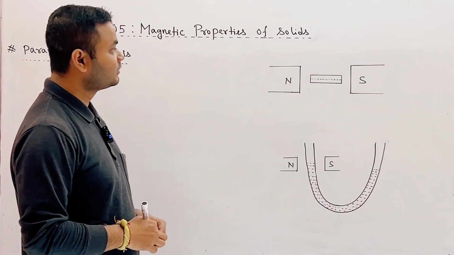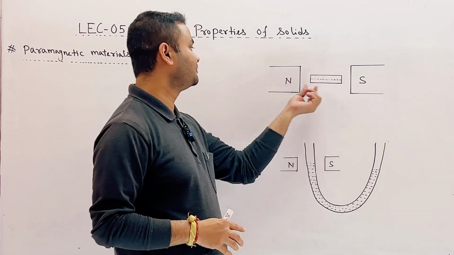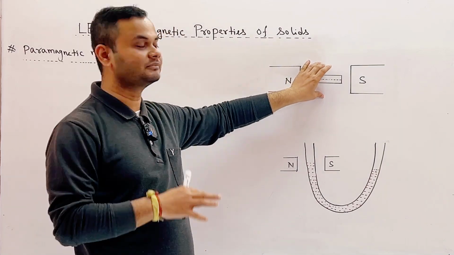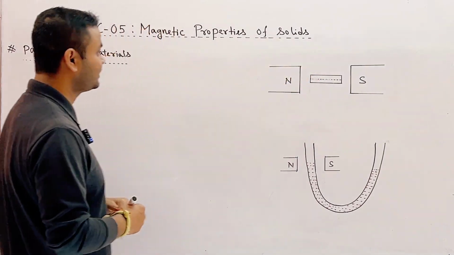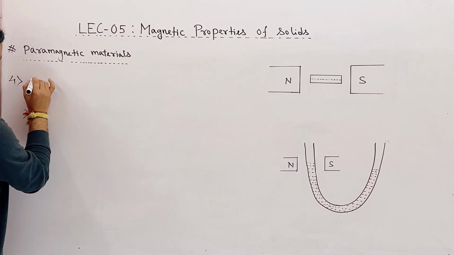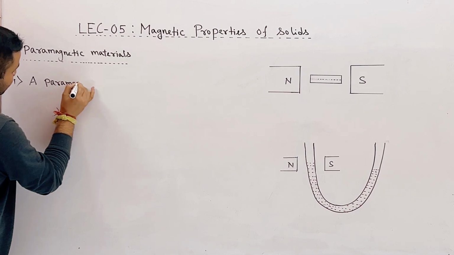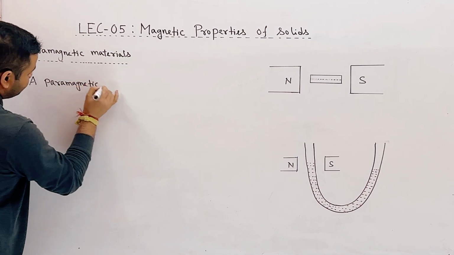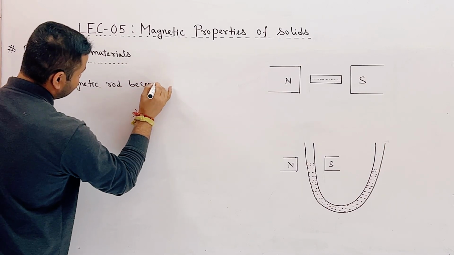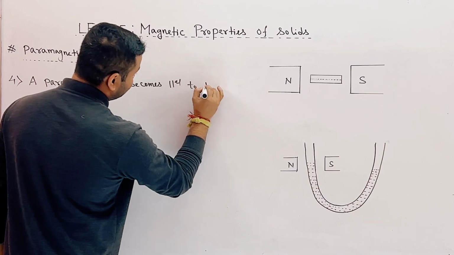Point number 4. Students, if we suspend a paramagnetic rod freely between two poles of a strong magnet, then this paramagnetic rod becomes parallel to the magnetic field.